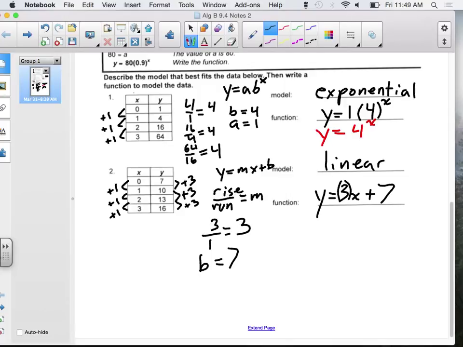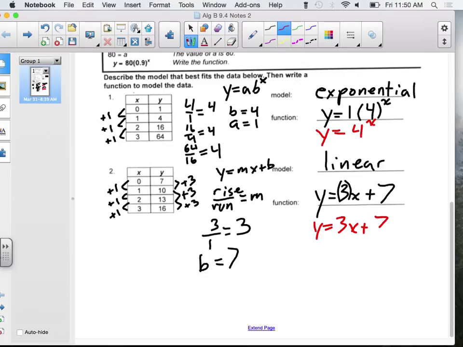Is that what we had before, right? Because the 2 parts of our problem were describe the model. We did that. Then after we do that, we have to write a function for it. And we did that right there.